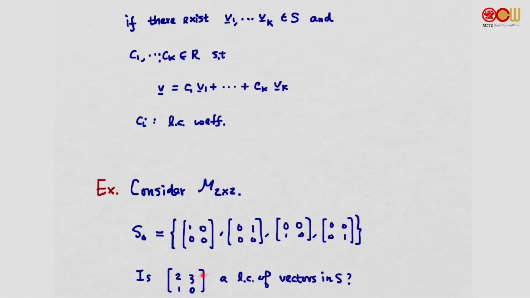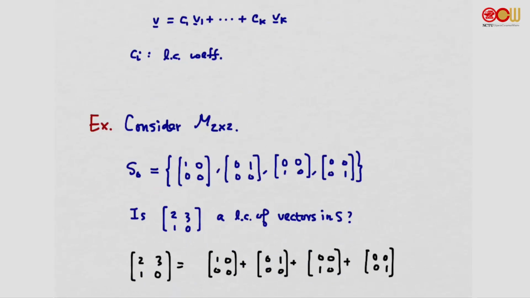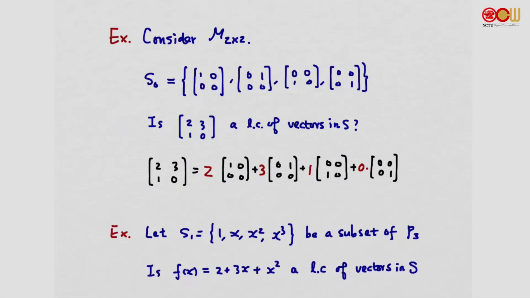We call this a vector, but it's actually a matrix. What would be the linear combination coefficients? We have a 2 here, so let's put down 2, and then there's a 3 here, so let's put 3 here, and a 1, and then a 0, then we get this vector on the left hand side.